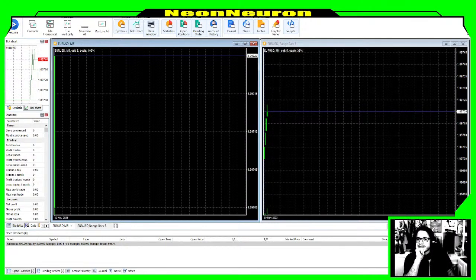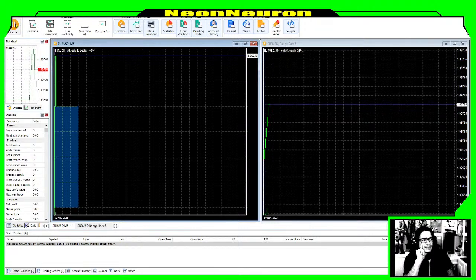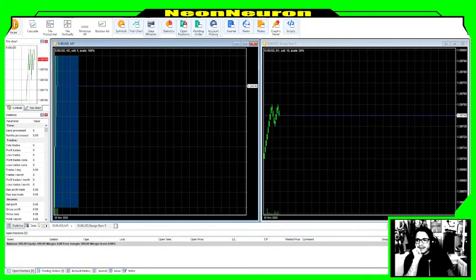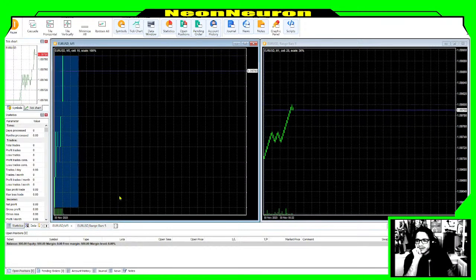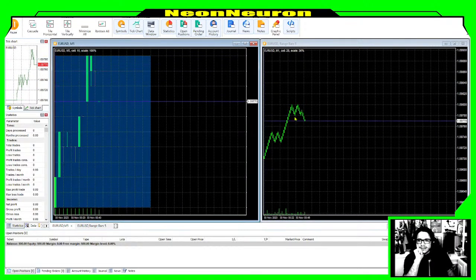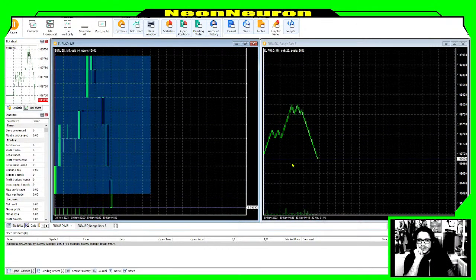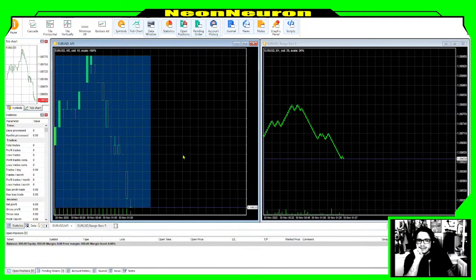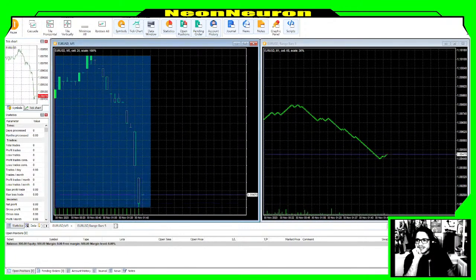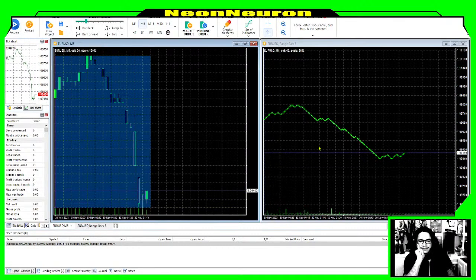And we'll just come over here, hit play, and then we'll just watch price move. This will give us a better idea how it's moving on the smaller scale. And if we see something we like, we pause it.